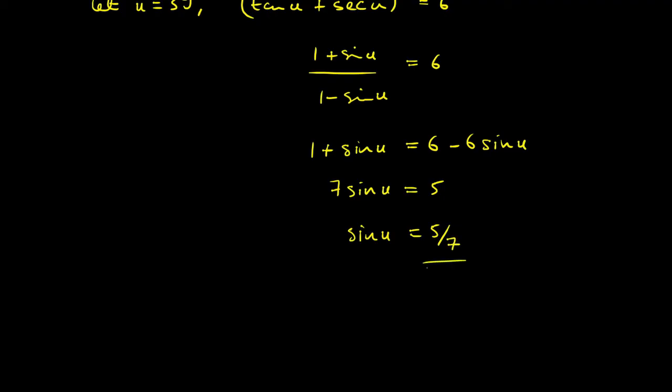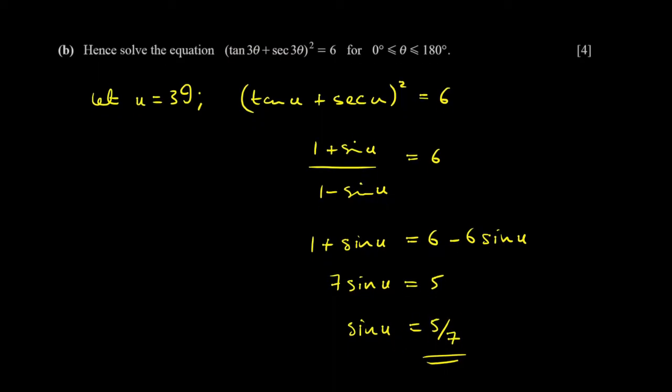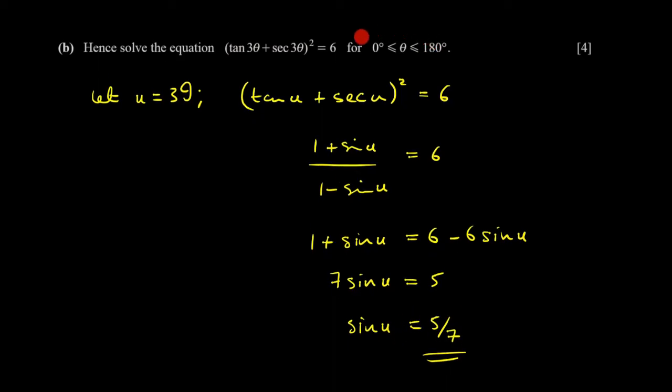Okay. Now, with all these other questions, hopefully one of the things you notice is I've also talked about how we do the substitution also for the domain, because we basically take a question in terms of theta and turn it into a question in terms of u, but that also means we need to do the same with the domain. We want to know what range of values for u we want to find. So if u is equal to 3 theta, that means that theta is equal to u divided by 3.